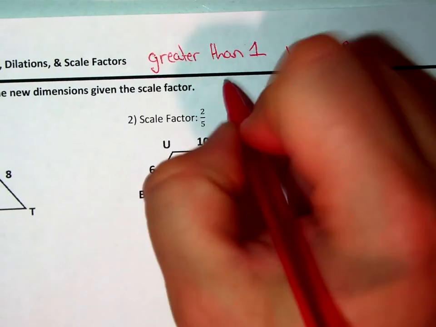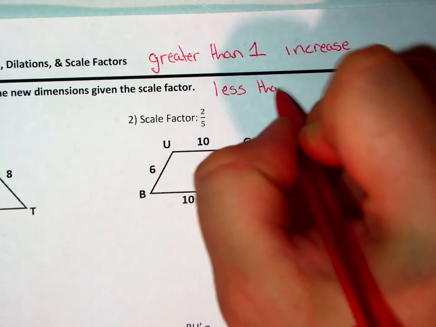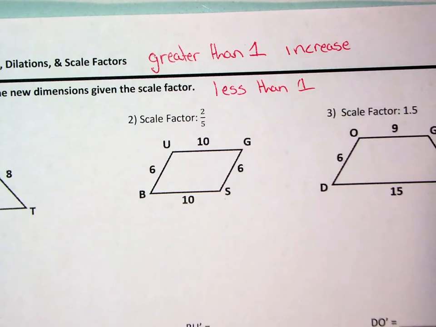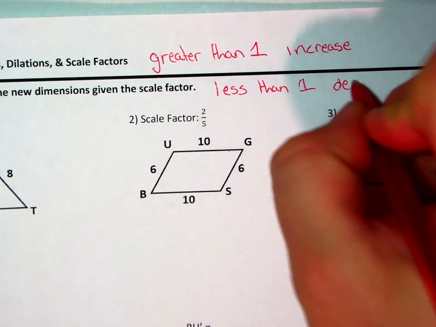When I have a scale factor that is less than 1, it causes my pre-image to decrease in size.